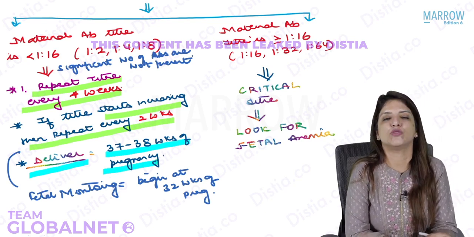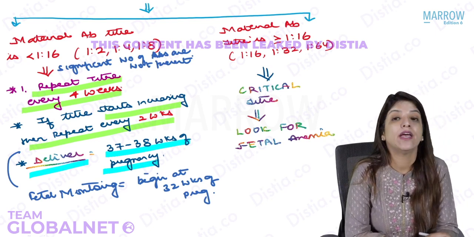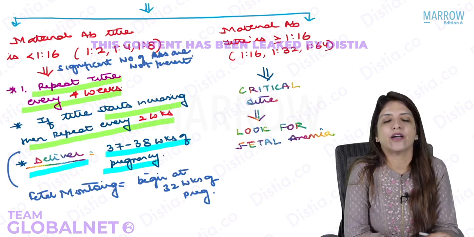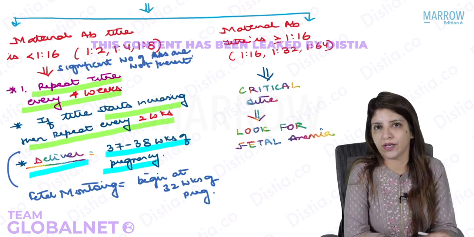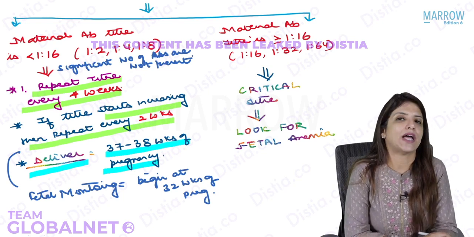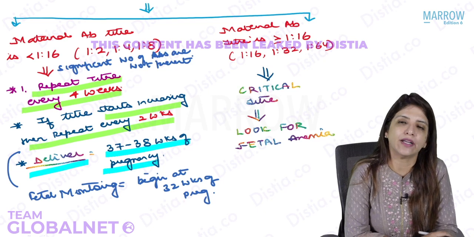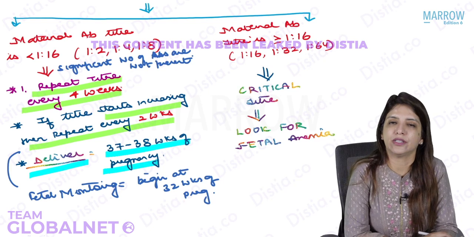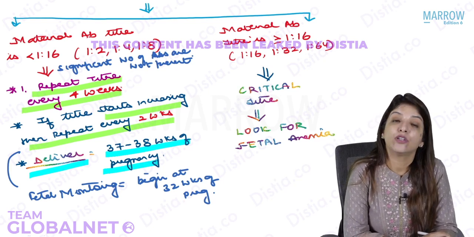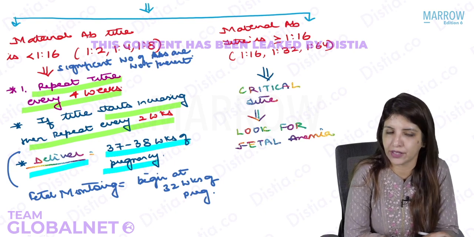In other words, I'm going to do induction of labor between 37 to 38 weeks. In unsensitized Rh negative females, we were doing delivery between 39 to 40 weeks. Now, in this case, when the mother is sensitized but antibody titer is less than the critical titer, I'm delivering her between 37 to 38 weeks.